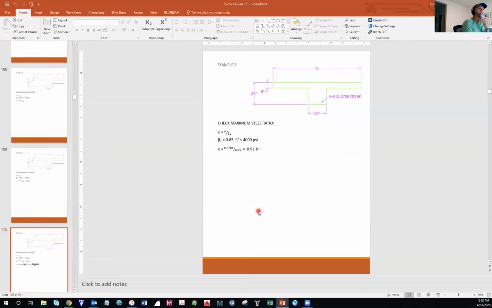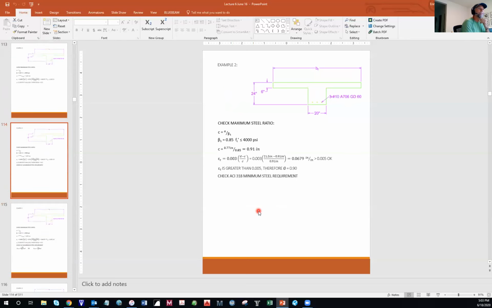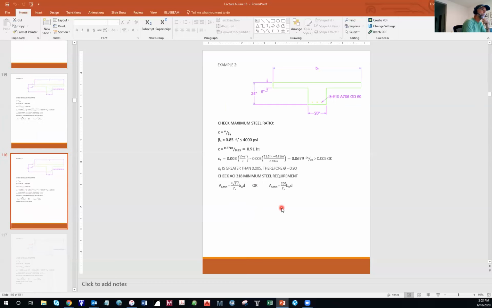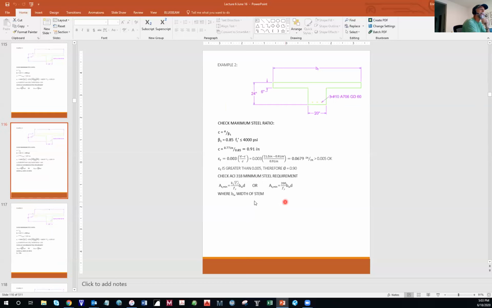Check the maximum steel ratio, that was fine. Here, check the minimum steel requirement. Here's your 2 equations for the minimum steel. And I had B sub W equal to 2 times the actual B sub W. And that was incorrect for a beam that is in positive bending. So this is fixed.